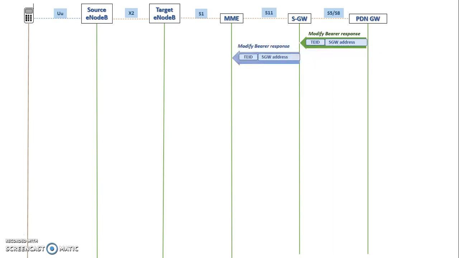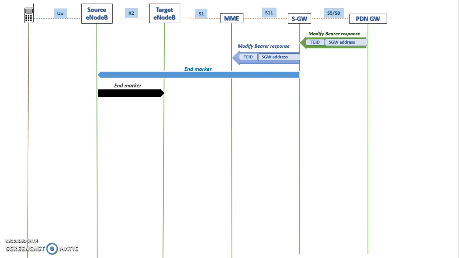The serving gateway forwards the modify bearer response message to the MME. The serving gateway sends one or more end marker packets to assist the reordering function in the target eNode B. The MME acknowledges the path switch request message by sending a path switch request acknowledge message, which contains UE AMBR and CSG membership status.